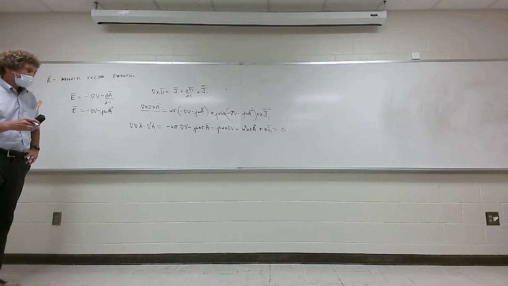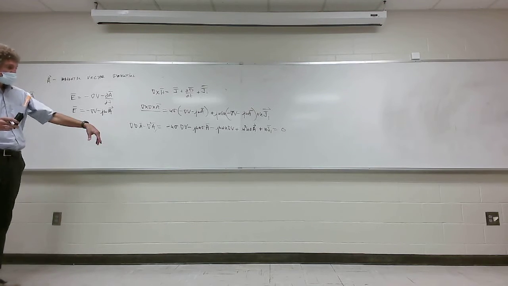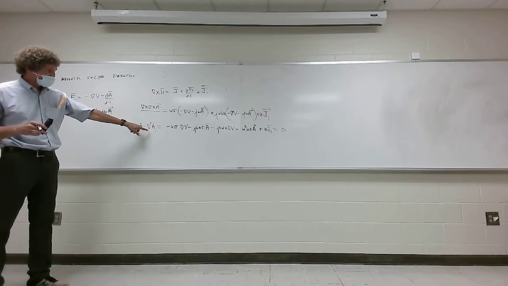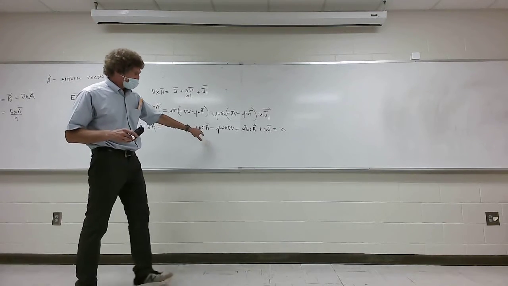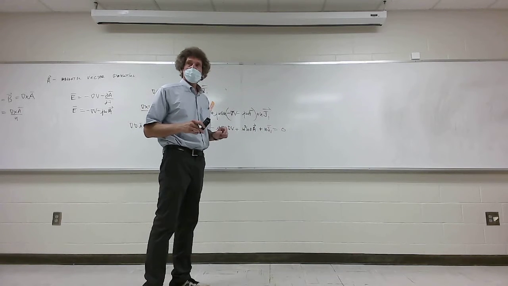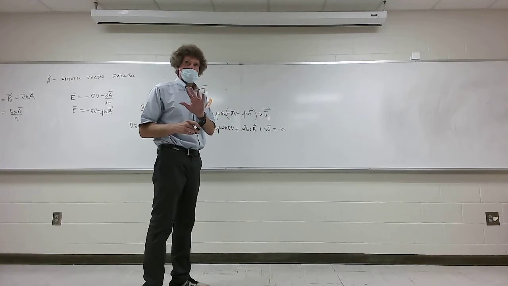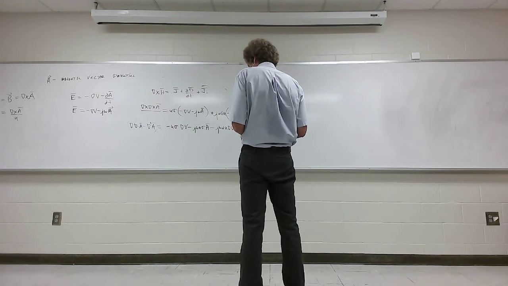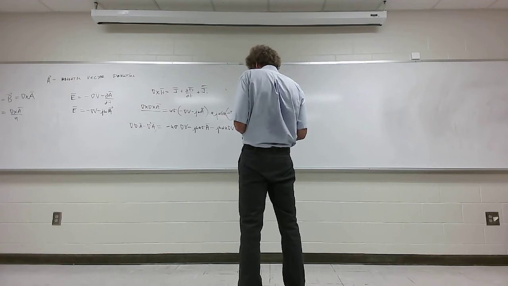All right, here's what happens next. I'm going to separate all the terms except for this divergence of A term. This term, this term, this term, and this term, all in an equation. Y'all just hang on, you'll see this will work. Let me do this in a way that will make sense.